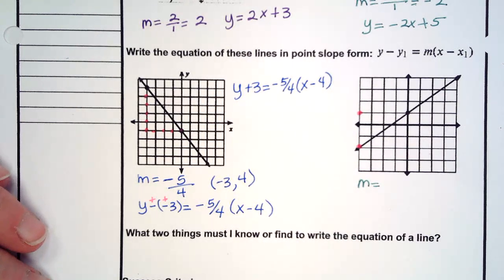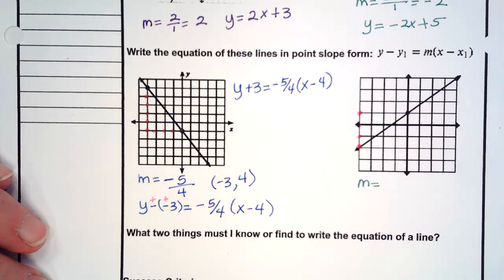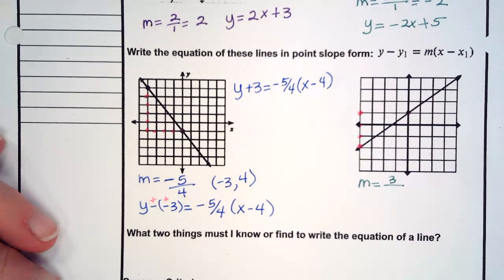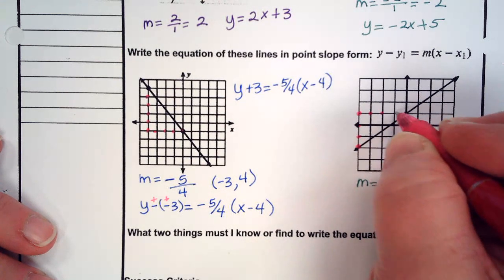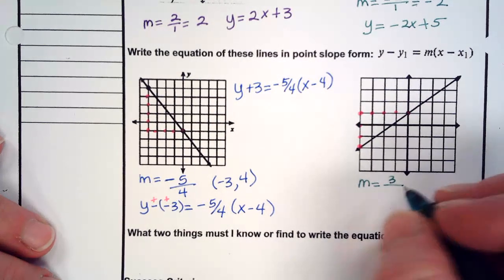I go up 1, 2, 3. I go right 1, 2, 3, 4. Remember, we're counting those boxes.